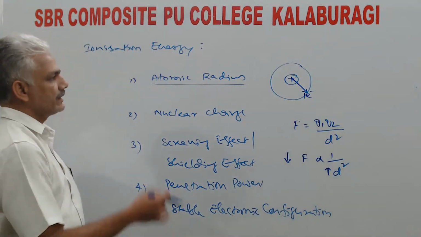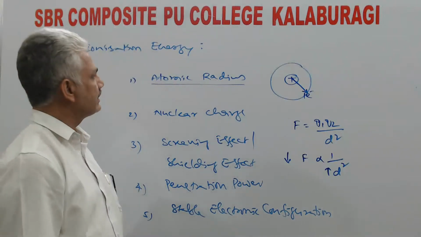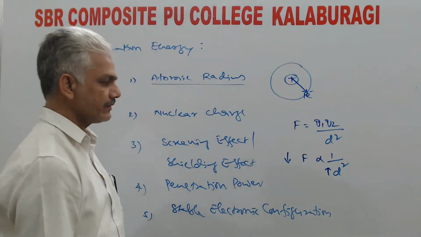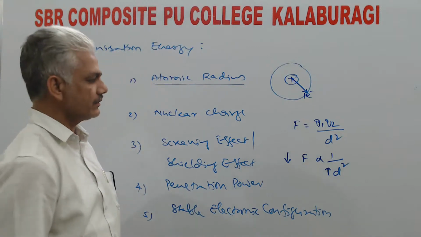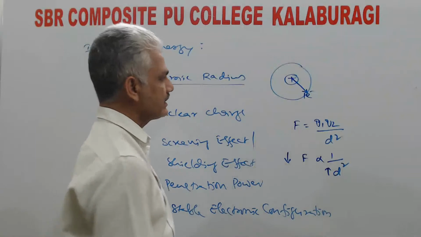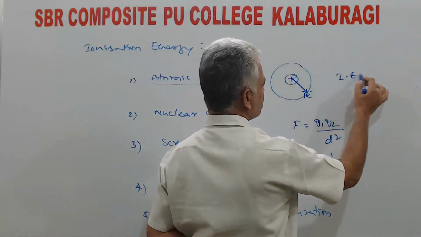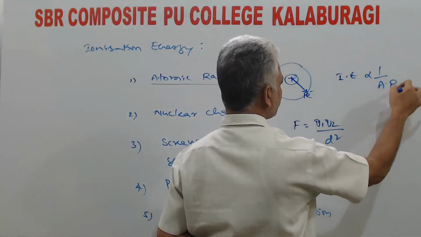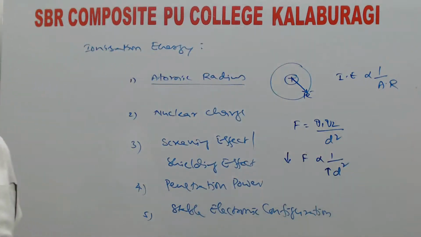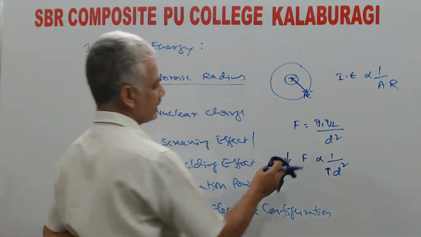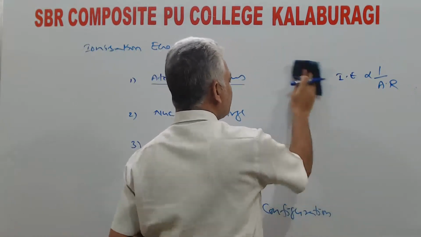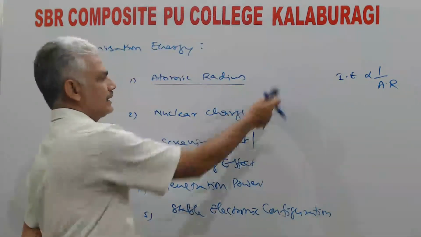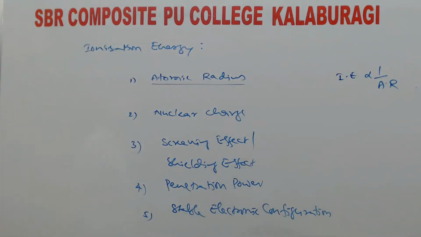That is why for smaller atoms, ionization energy value is higher, whereas for larger atoms, ionization energy value is less. So, based on this relation, we can say that ionization energy is inversely proportional to atomic radius. That means with increasing atomic radius, the nuclear force of attraction decreases, and as a result, ionization energy value also decreases.